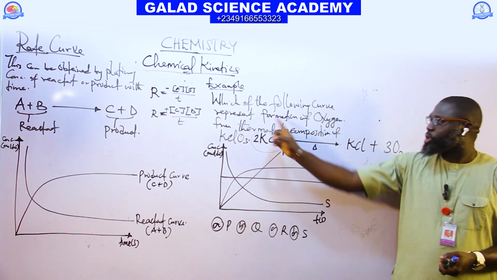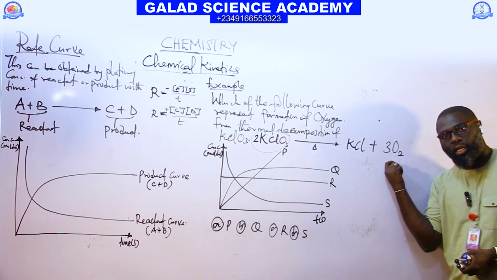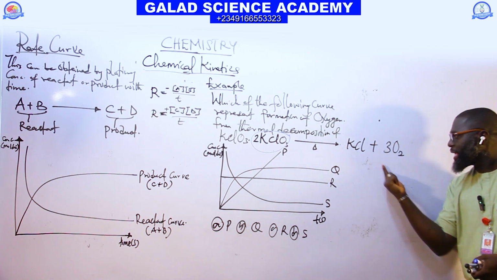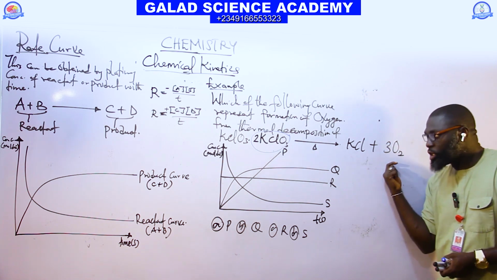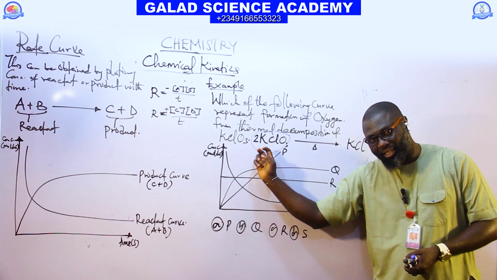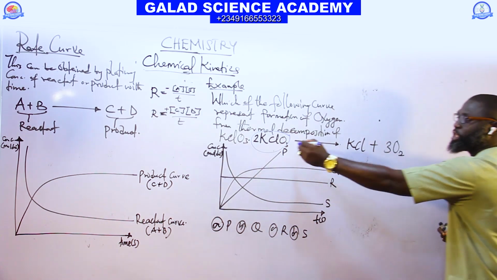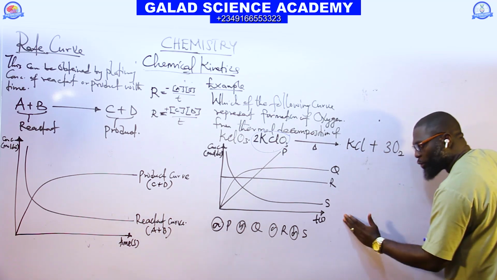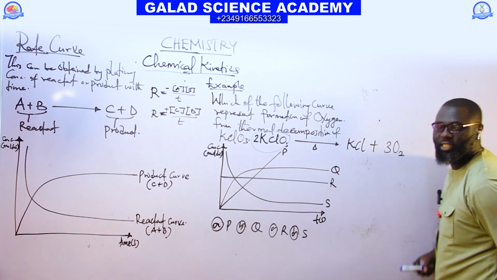You are now asked which of the curves represents the oxygen. Look at this oxygen here. It can be found at the product, not the reactant. So since oxygen can be found on the product side of the equation, which of the curves here represents the product side?